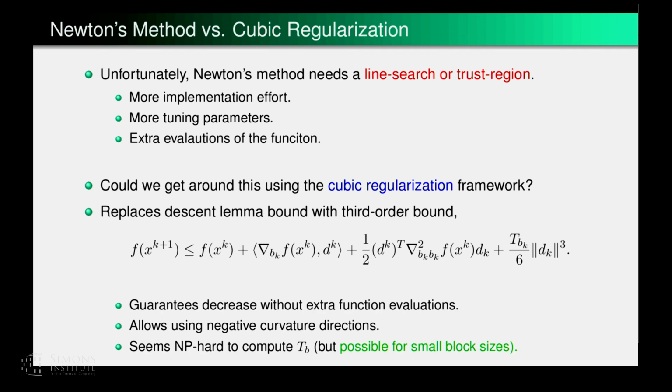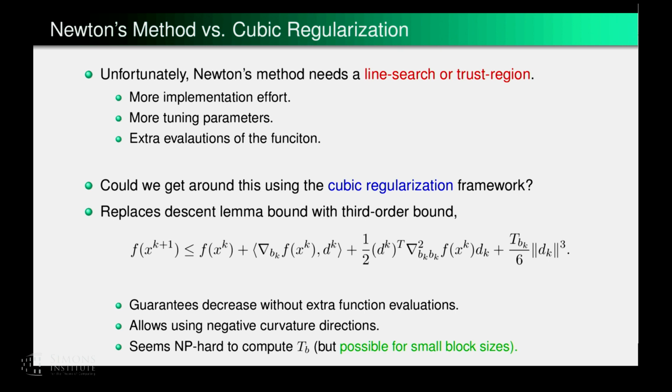So this would be nice, at least in theory, because I could guarantee the decrease without having a line search or any extra function evaluations. I could have negative curvature in my Hessian, which is usually not allowed in line search methods, but that's very nice for non-convex problems. And the only problem is it seems like it's NP hard to actually compute these TB values. And I've been spamming a lot of tensor people, and if people in the room know the computational complexity of computing this for like a logistic regression problem, I would be very happy to talk.